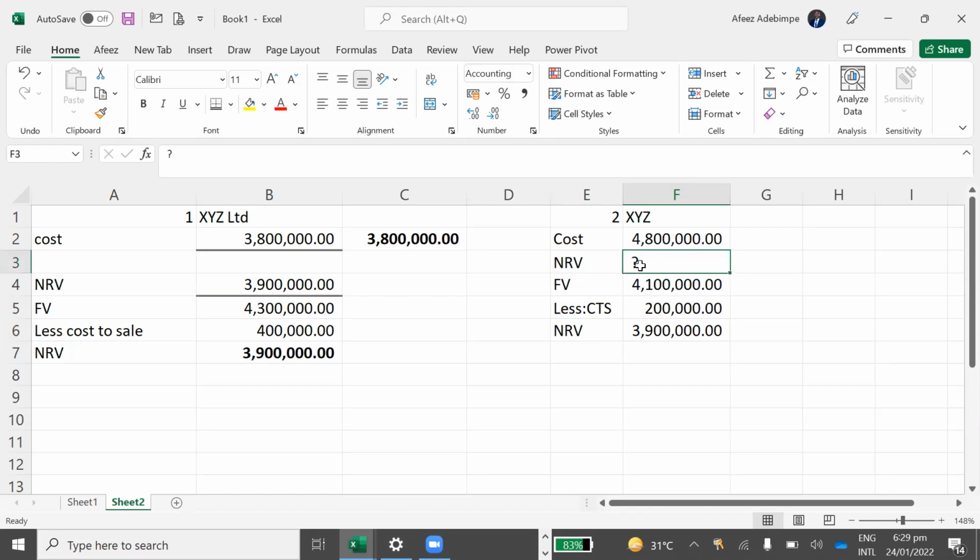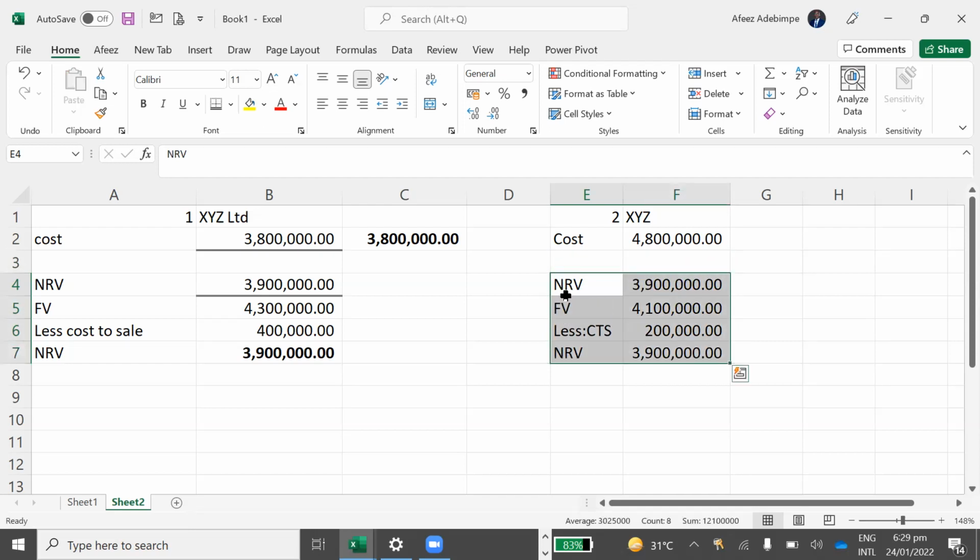Now, I cannot say my NRV equals this. The value to be recognized in the statement of financial position is the lower of cost and net realizable value.